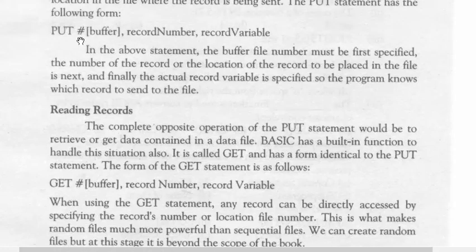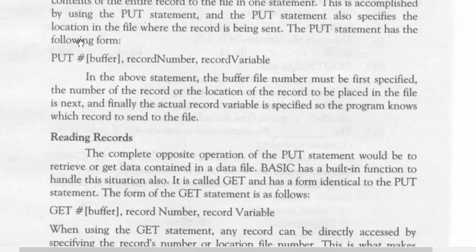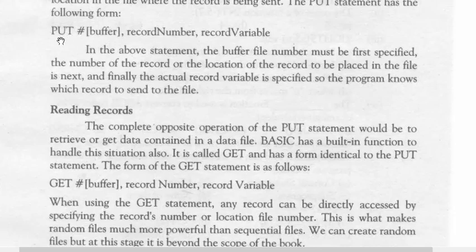Remember one thing: the syntax is the same, only the PUT is changed. In writing it is replaced with PUT, and in reading it is replaced with GET. PUT means put in the data at this buffer, with this record number, using this variable, and GET means get the data from this buffer, at this record number, using this variable.